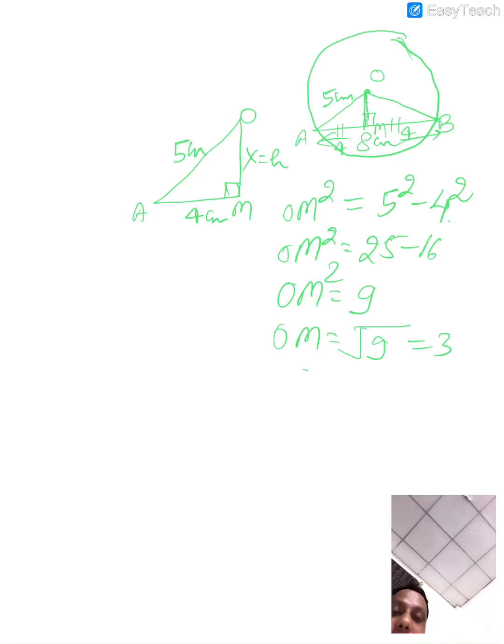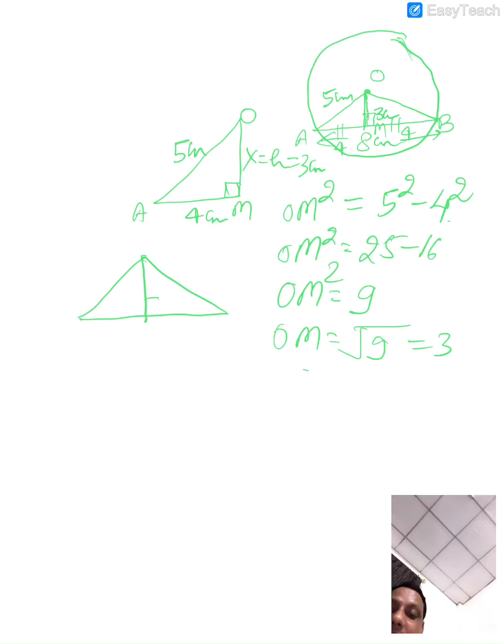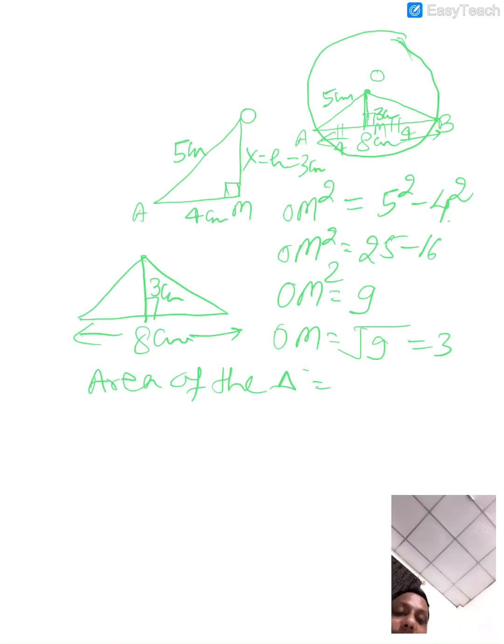So this height came 3 centimeters. So practically the triangle is like that, where the height is 3 centimeters and the total base you got is 8 centimeters. So area of the triangle is equal to what?